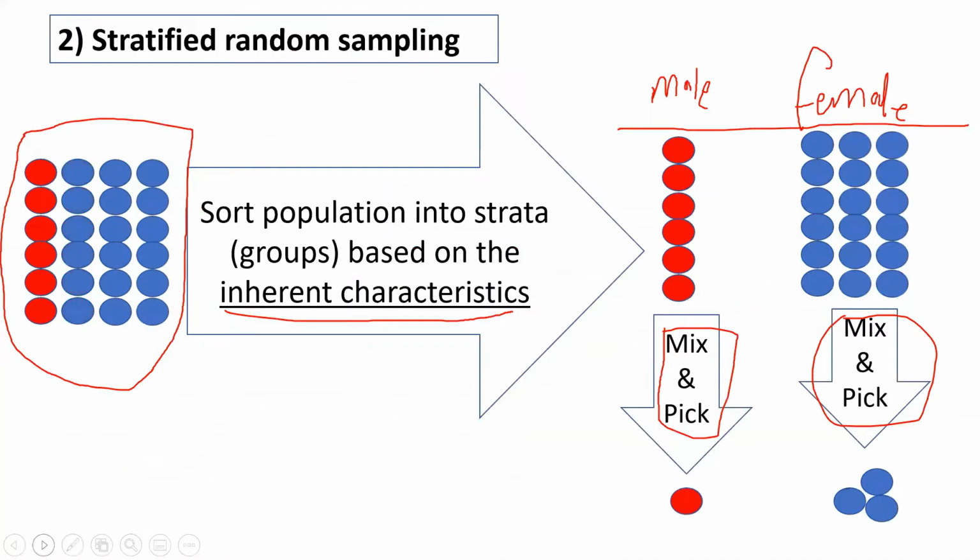Then stratified random sampling: members of the population have certain characteristics that you can use to group them into groups. These characteristics can cause bias in my experiment if I don't take care of it. So you take care of it by dividing the population based on the characteristics, then you perform a random sampling within each group. That is stratified random sampling.